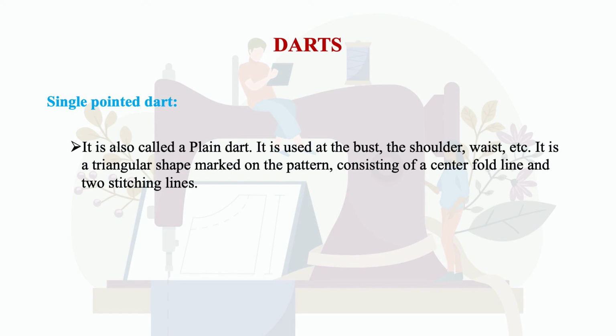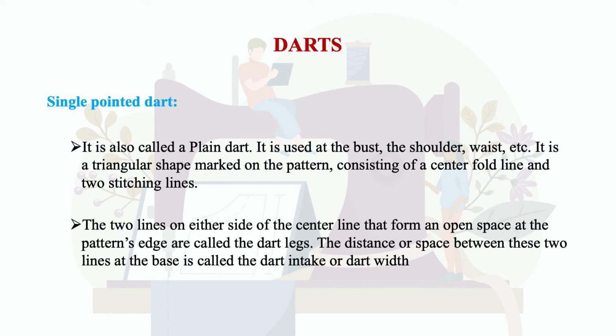It is in a triangle shape on the garment, and it is stitched along a center fold line, with two stitch lines. The two lines on either side of the center line that form an open space at the pattern edge are called the dart legs. When you see the triangle shape on a garment, it has two legs, the two lines along which the dart is stitched.